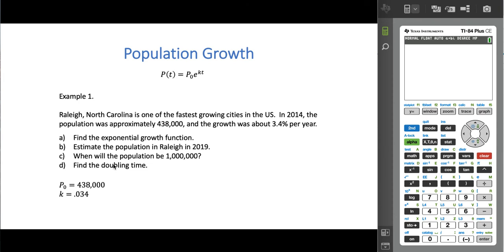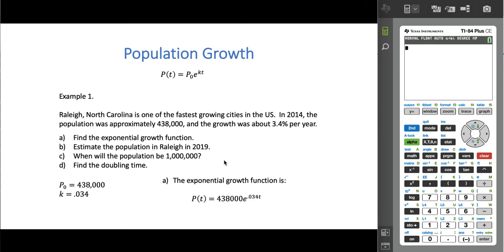First of all, to find the exponential growth function, we're going to be filling in this equation. The initial population is 438,000. The other variable we know is that the growth rate is 3.4% per year. That's going to be our K value.